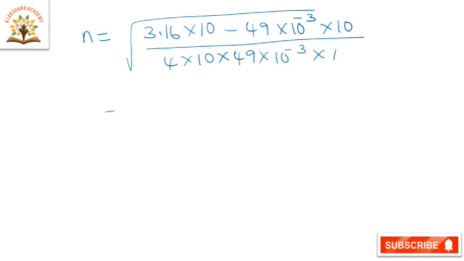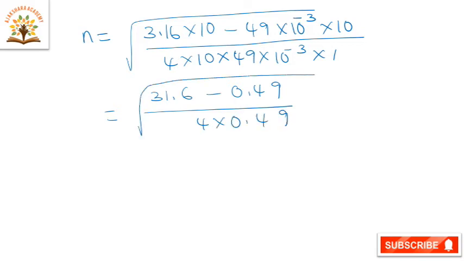So that is equal to 31.6 minus 0.49, by 4 into 0.49, under root. So the maximum number of revolutions n is equal to 31.11 by 1.96 under root. So this complete division we are getting 16.